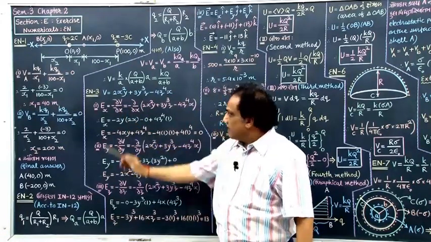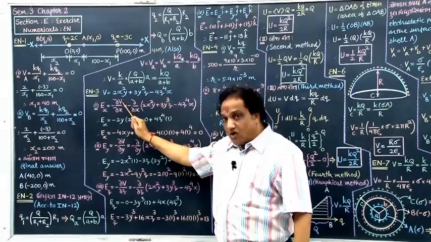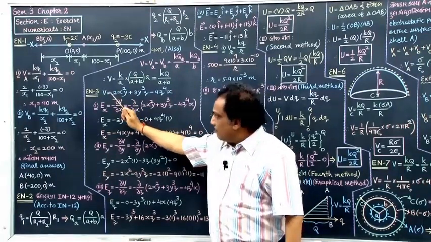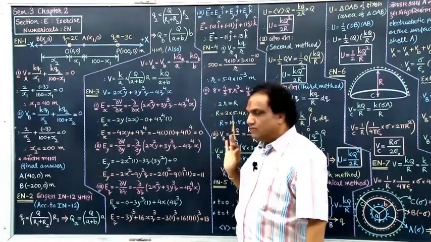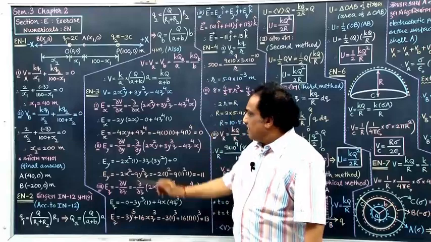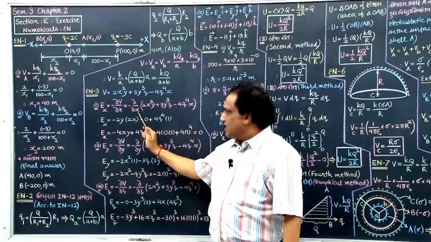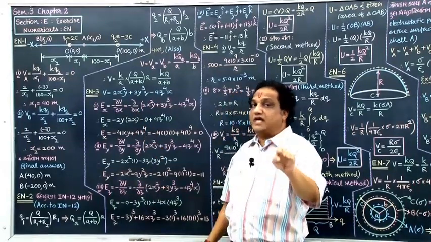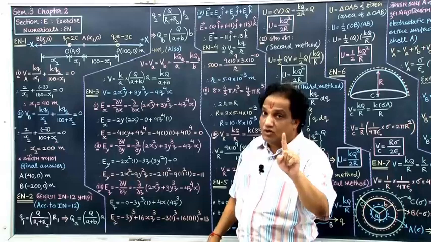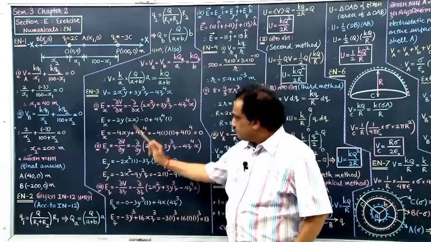Minus del by del x of the V formula, same formula I am writing here, no change. Whenever you take a partial derivative with respect to x, then y and z are to be treated as constants. Remember that? Fine. Use it here.